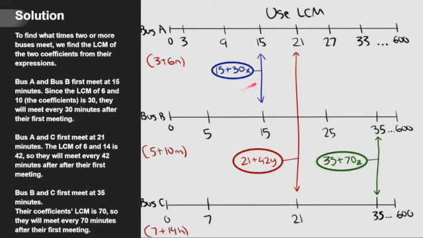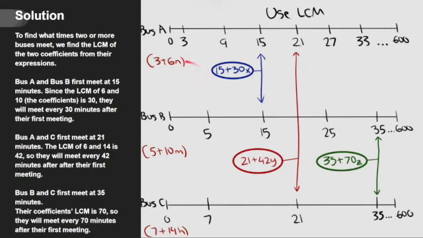So you don't understand why we have to do that, or the process? The process of finding the LCM? Oh no, like why we have to do it. Why we have to do it?